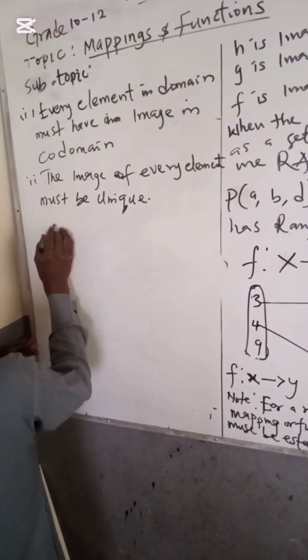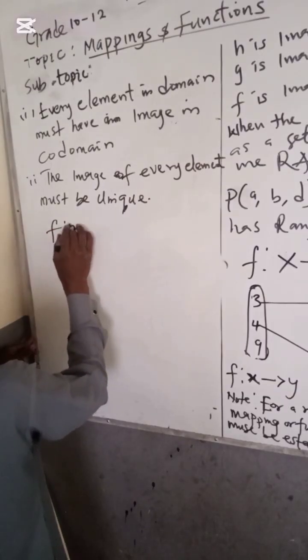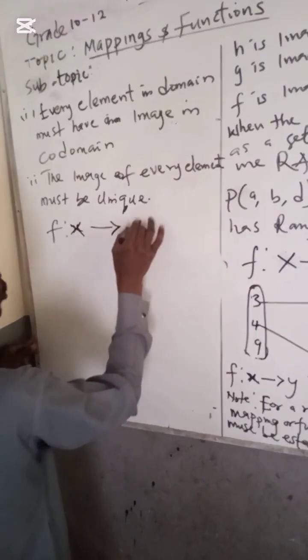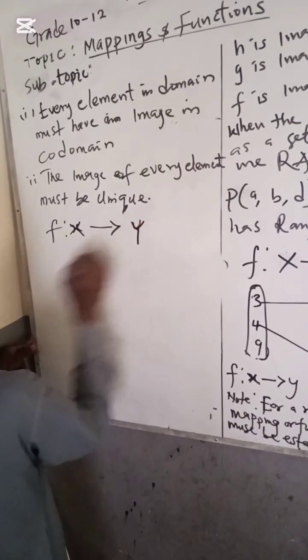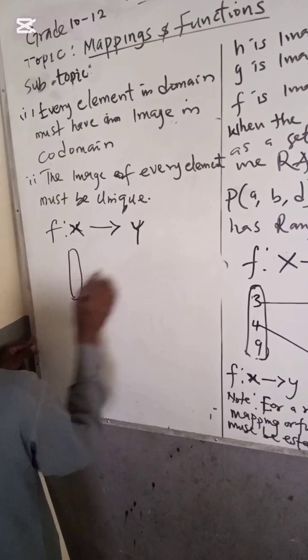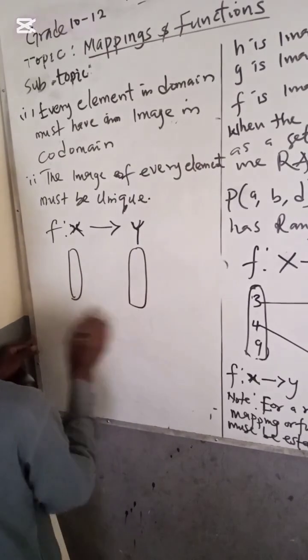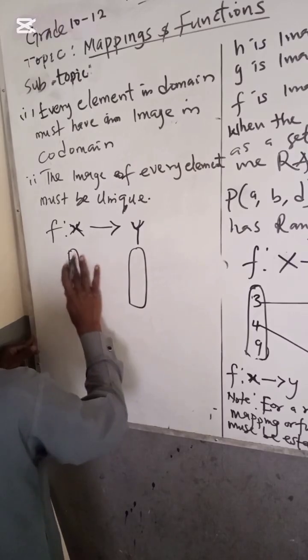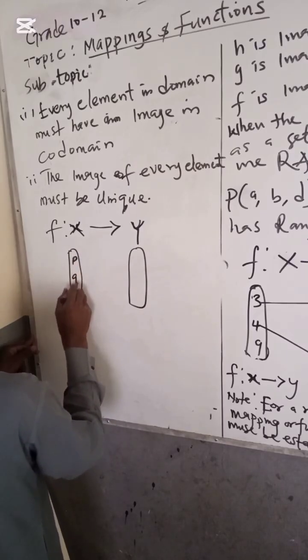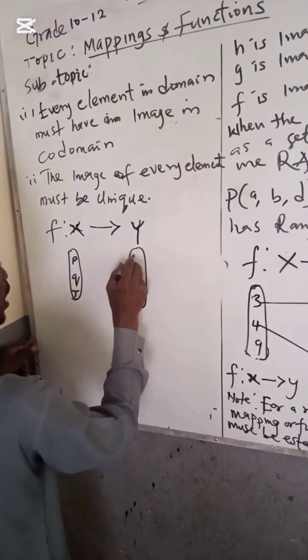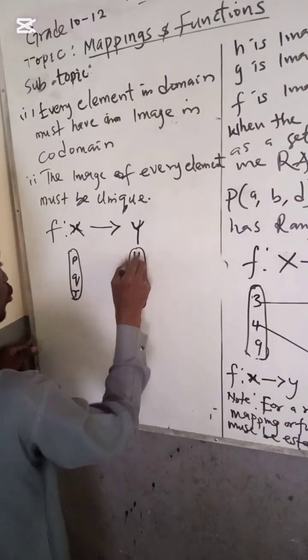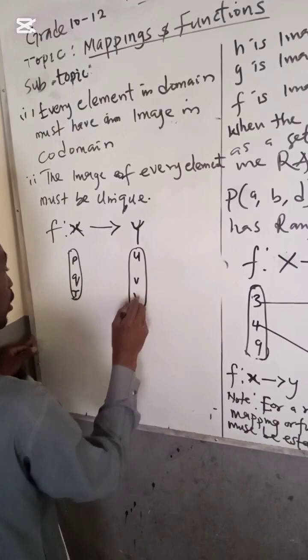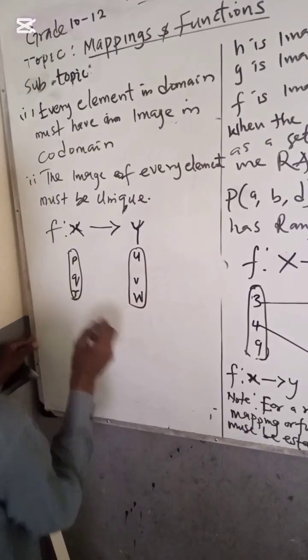F of function x produces an output y in this form. Let's say we have P, Q, R, then U, V, W.